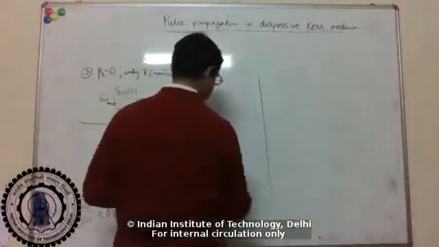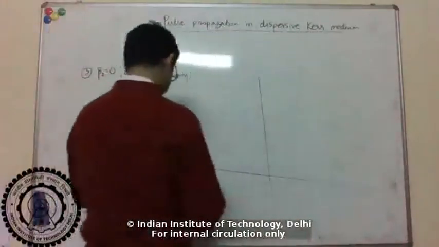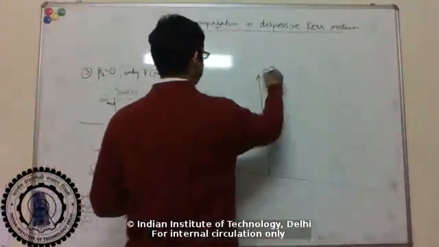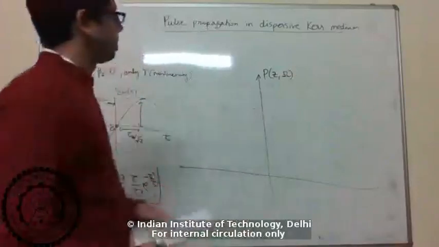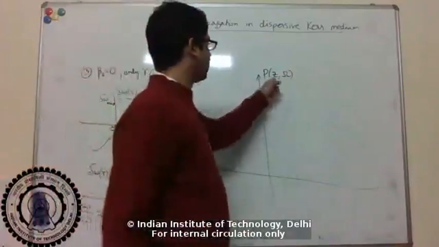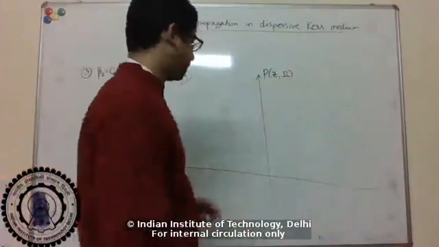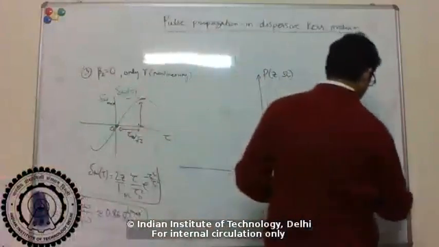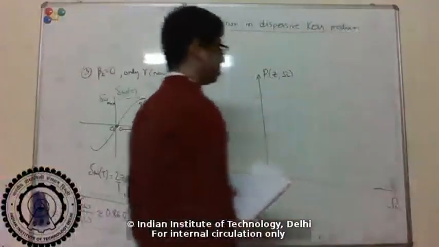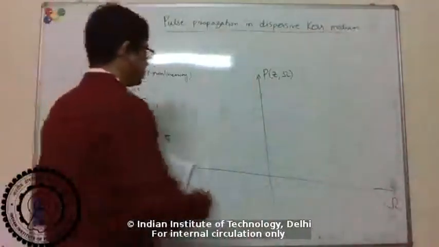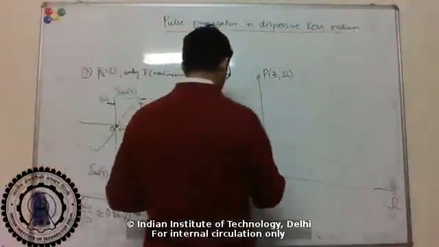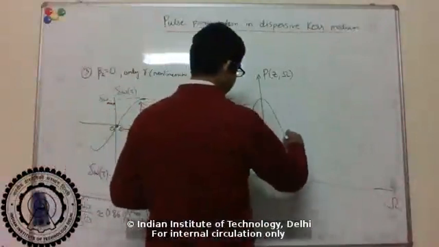So we are plotting the power spectrum P as a function of omega after propagating some distance z. X is omega. My input pulse is some Gaussian pulse, so my input spectrum is also a Gaussian spectrum.